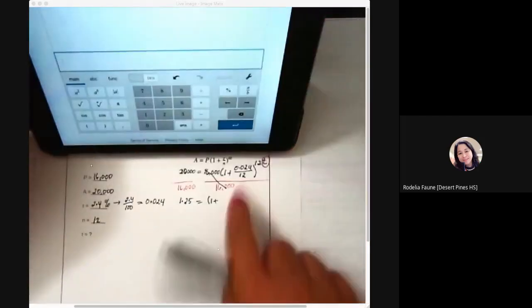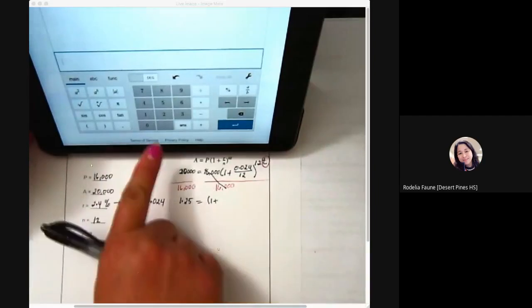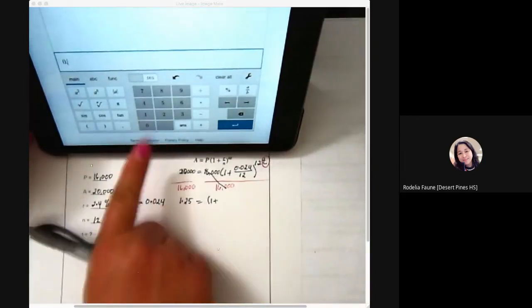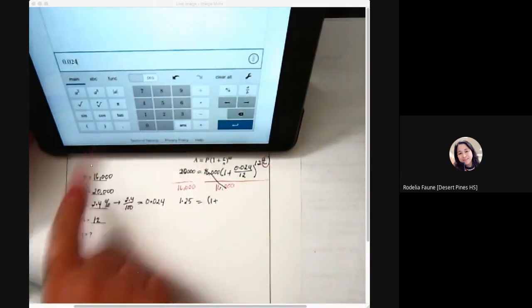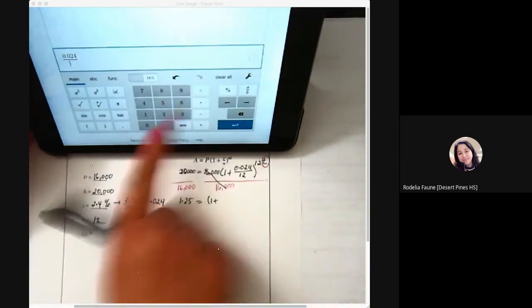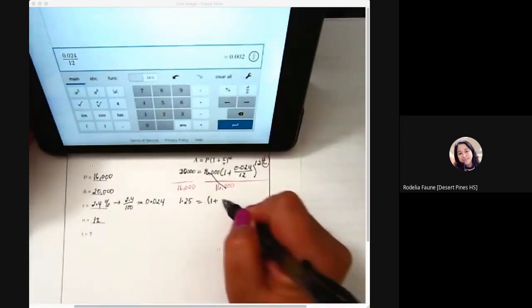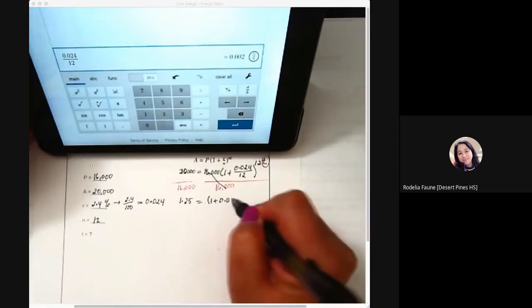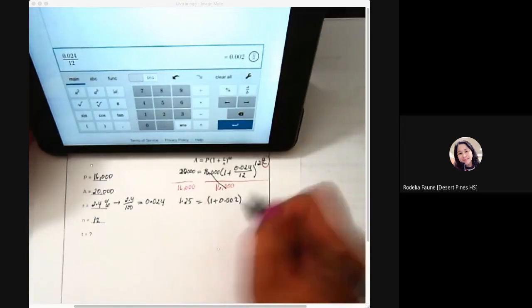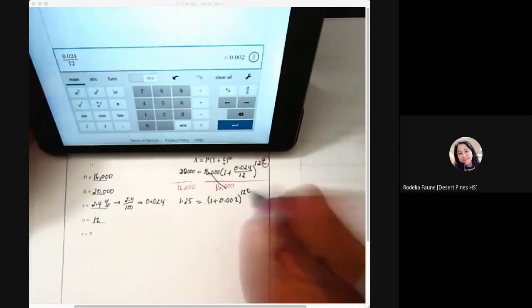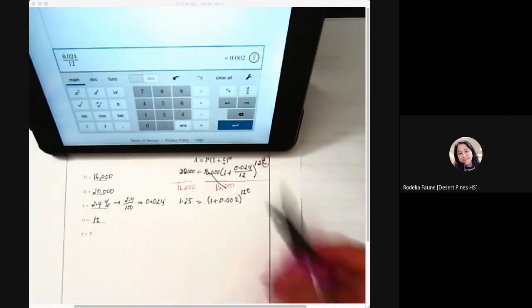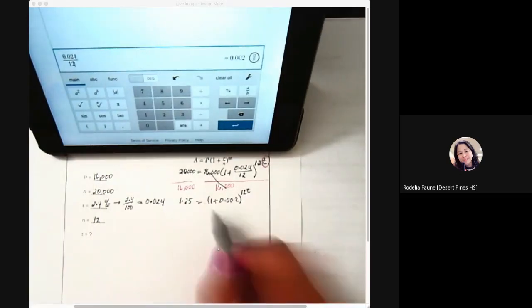So let us use our decimals and divide the decimal. 0.024 divided by 12, we have there 0.002 raised to 12t. And now, using PEMDAS, let's add this first.